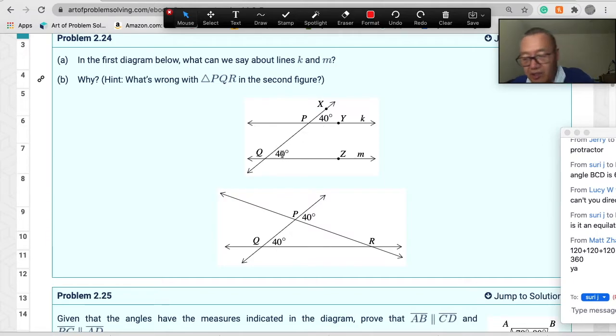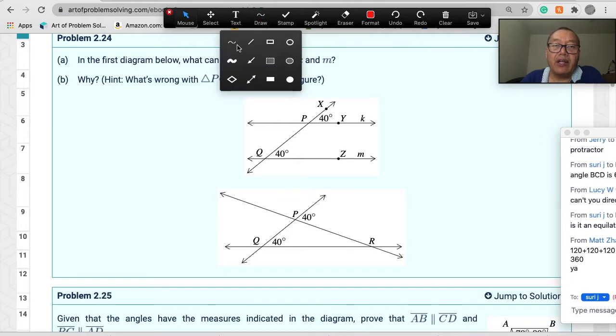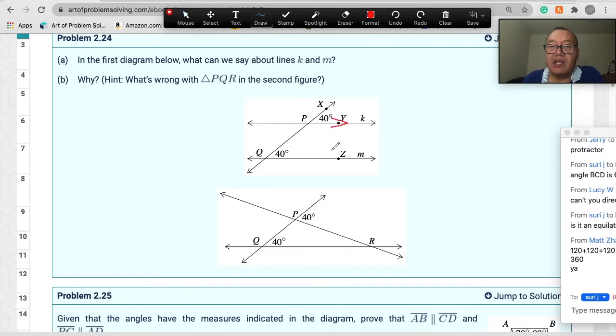So here, they just try to teach you. In the previous section where we learned about parallel lines, they tell you these two lines are parallel to each other. Then you know these two angles are congruent, or equal, right?